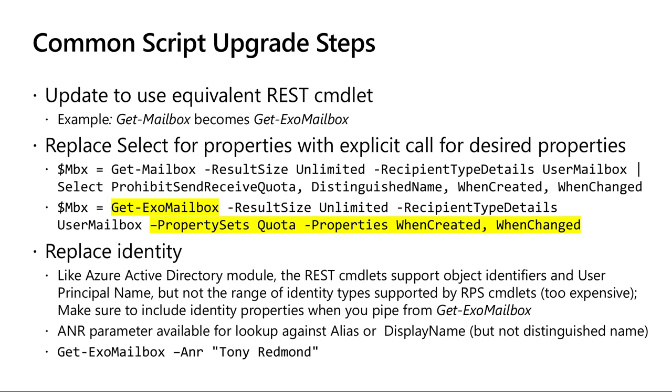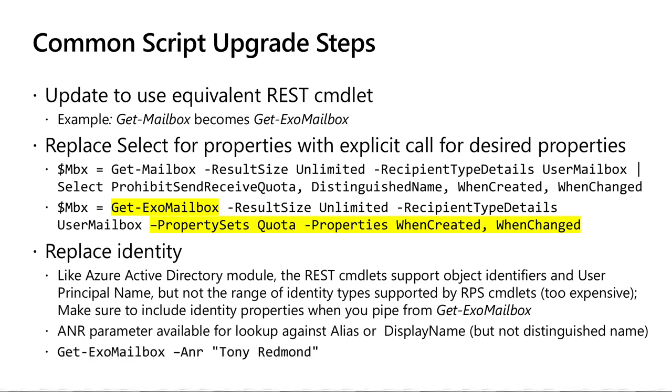The first example here is Get-Mailbox, ResultSize Unlimited, RecipientTypeDetails UserMailbox. Everybody with me? Get me a set of user mailboxes. Don't give me room mailboxes, etc. Then select: give me the ProhibitSendQuota, the DistinguishedName, WhenCreated, WhenChanged. Simple stuff.